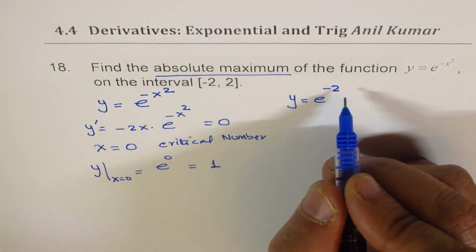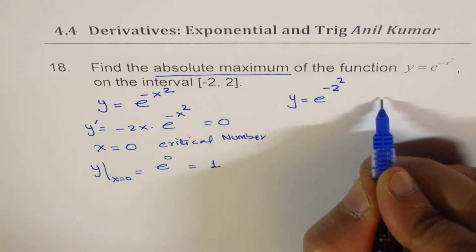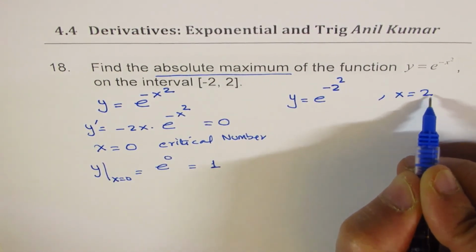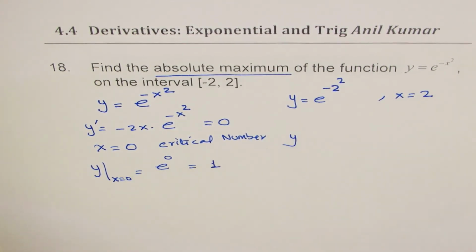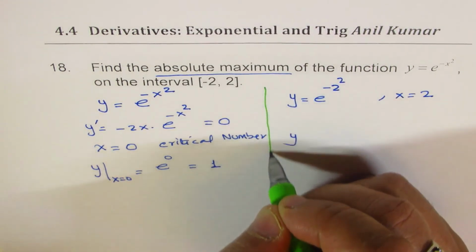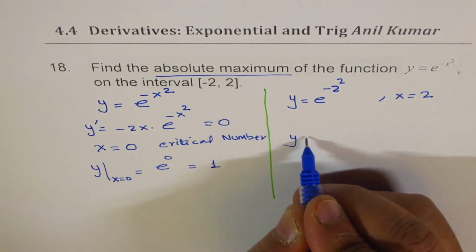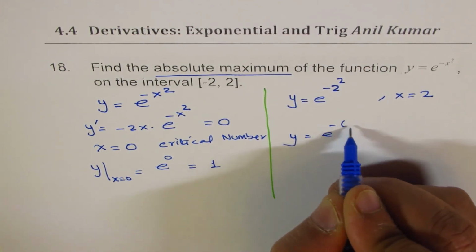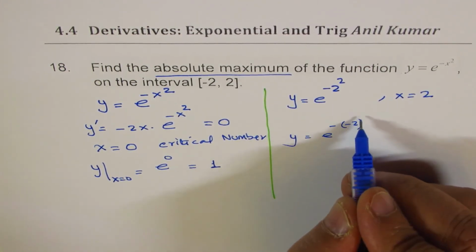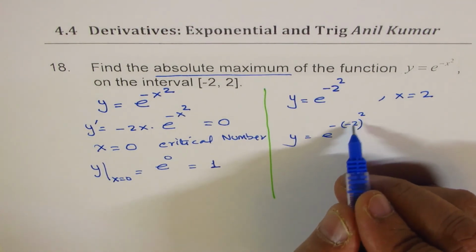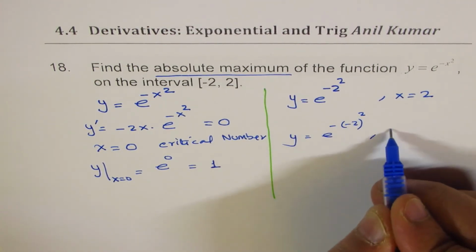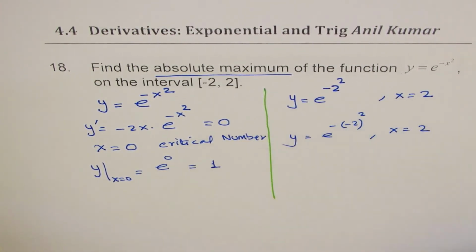First let me do 2, so 2 square, this is for x equals to 2. And then we'll also calculate the value of this function at minus 2, e to the power of minus 2 square. So both are same values because this becomes positive, you can see, right? So at x equals to 2, both are same values.